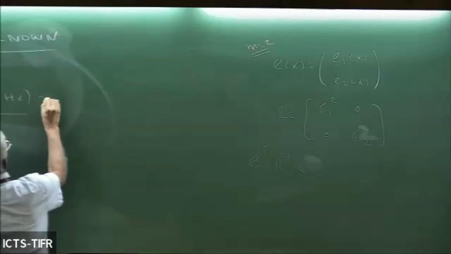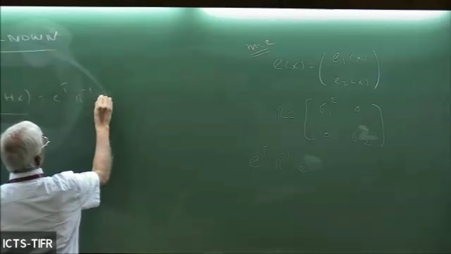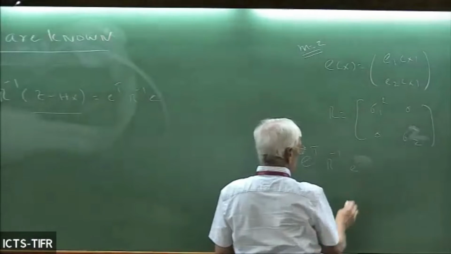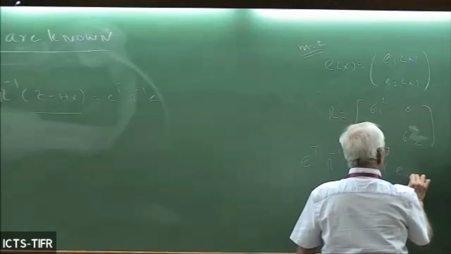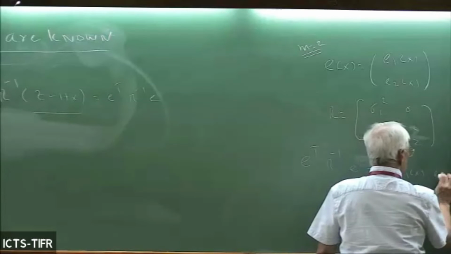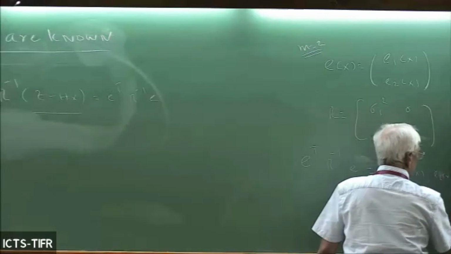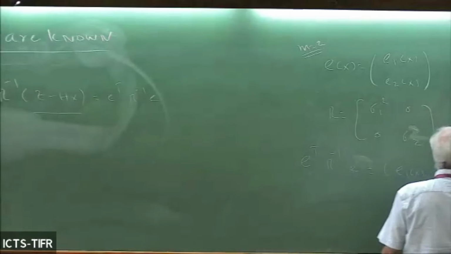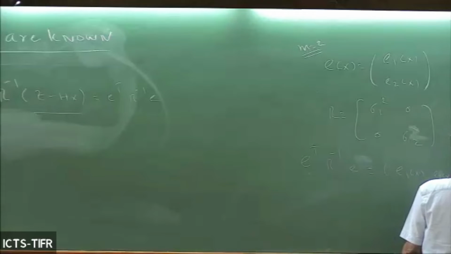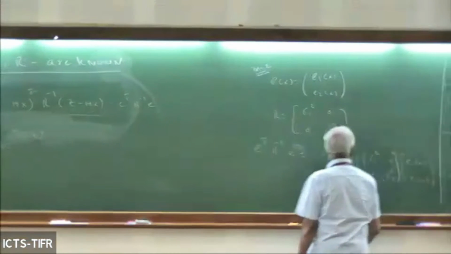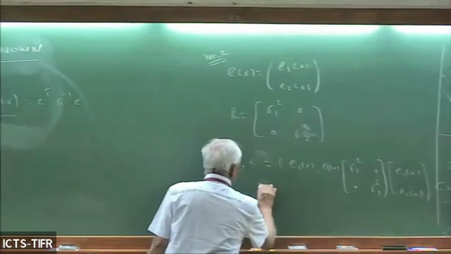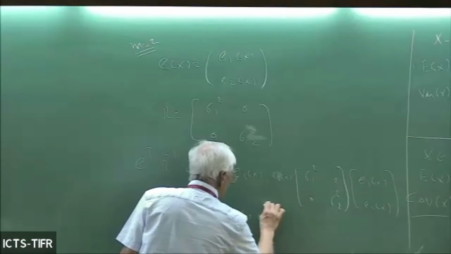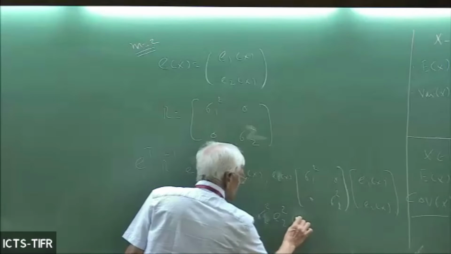So what is this? This is E1x, E2x, times the matrix, times E1x, E2x. And what is this? This is going to be sigma 1 squared E1 squared x plus sigma 2 squared E2 squared x.